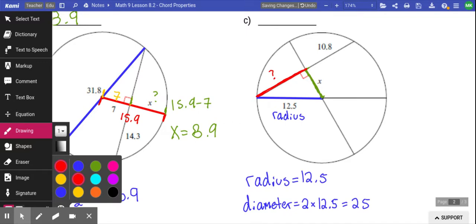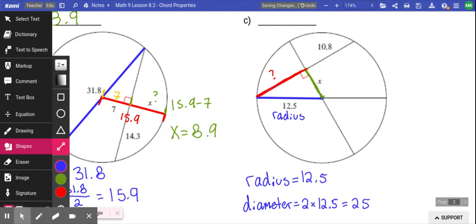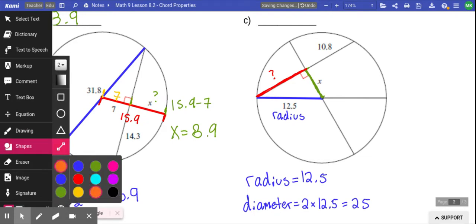The way I'm going to figure out that red side is by using my chord properties. So if you look, I have a chord here. I'm going to do it in orange. It goes from one end of the circle to the other end of the circle. And then I have a line going through it, that green one, right? This guy right here.